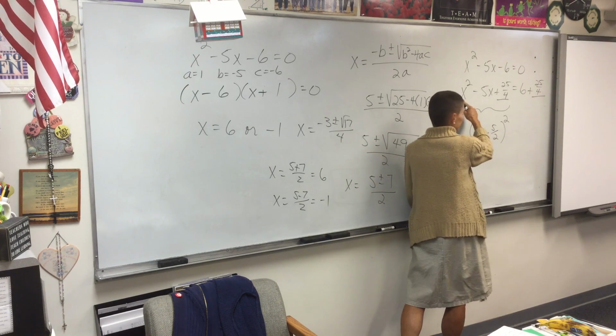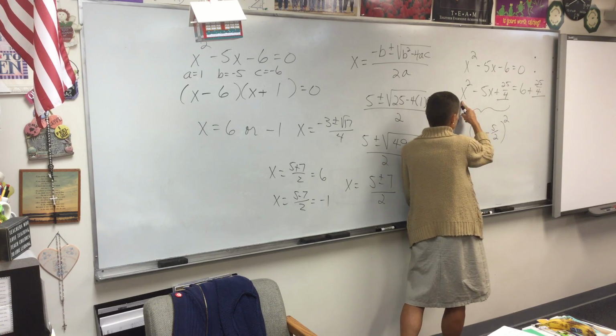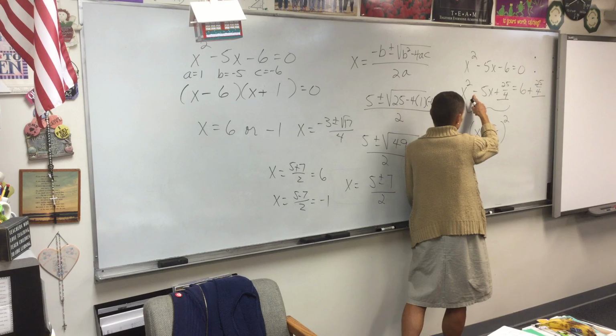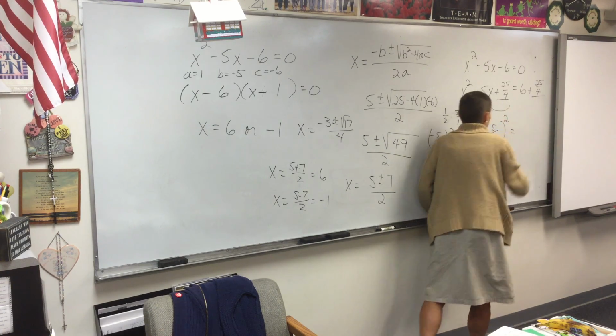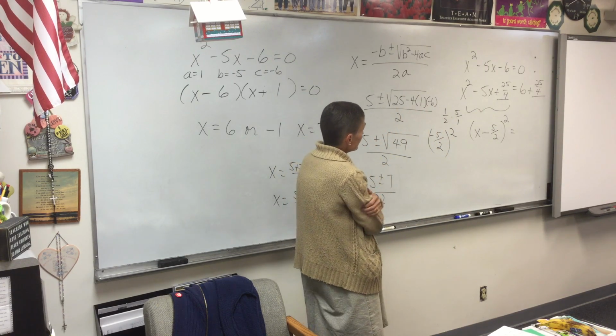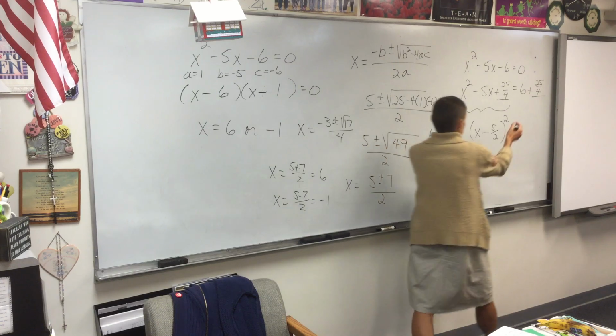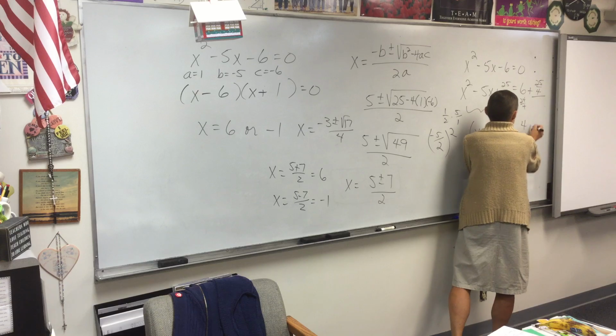Perfect. The square root of this, the square root of that, and that sign right there. X minus 5 halves. Beautiful. Equals, get a common denominator and add those. And we get, this is 24 fourths, and that's 49 fourths.